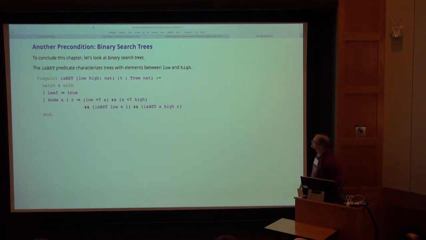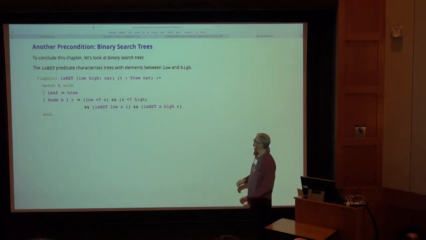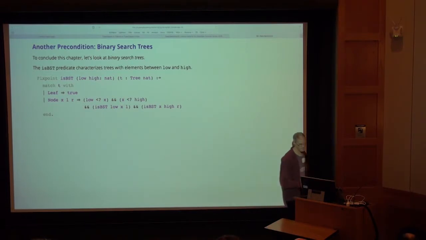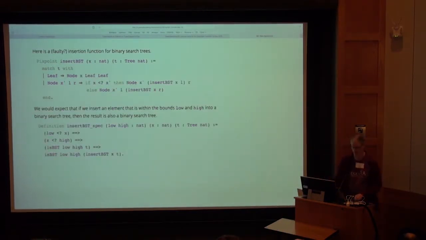So this is the isBST condition, and here is a test for whether a given tree is a binary search tree. Here is an insertion function that might or might not be a good insertion function, I'm not sure.